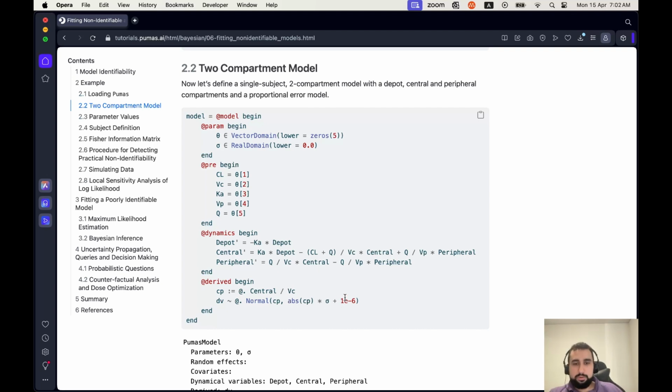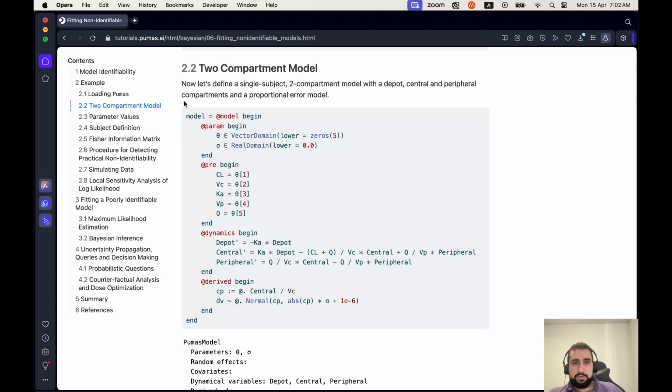And then I'm adding a small threshold to make sure that the sigma is never 0, even when CP is 0, because initially, for example, the concentration of the drug in central is assumed to be 0. Just to make sure that the standard deviation is never 0, which can cause numerical problems, I'm adding a small value here to the standard deviation.